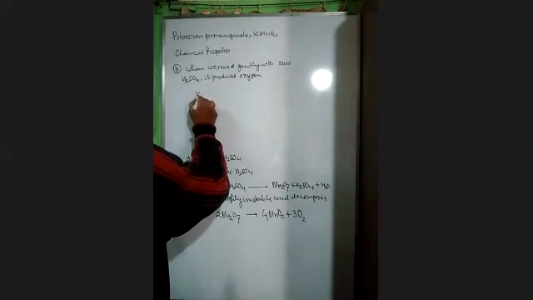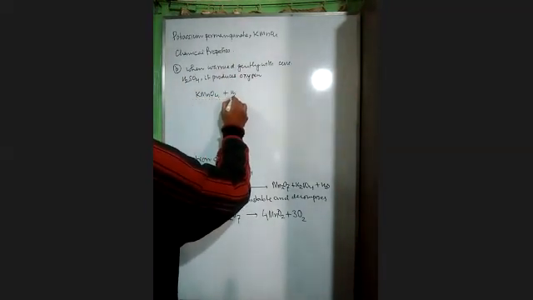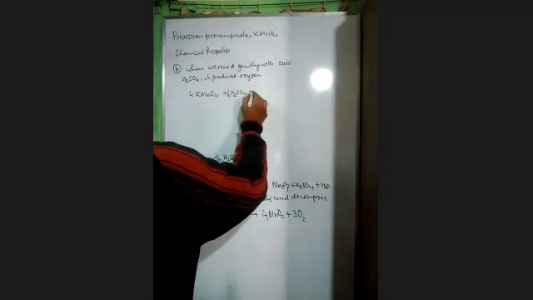So it is KMnO4 plus H2SO4. It is 4, it is 6.